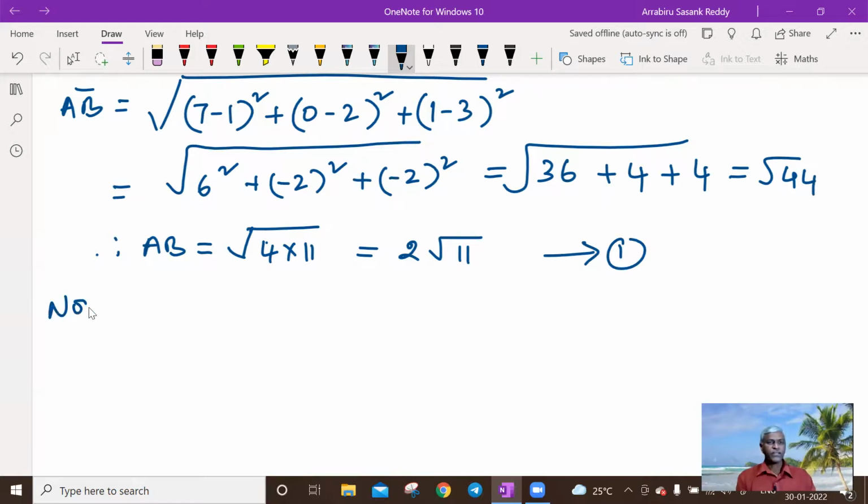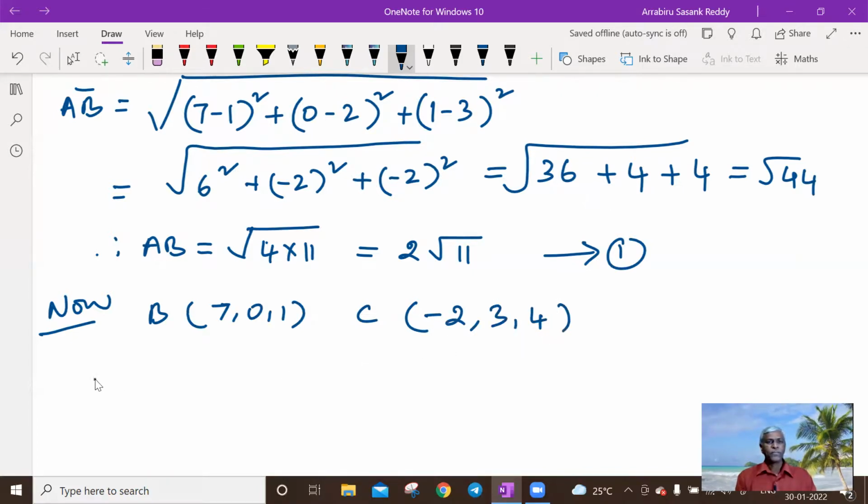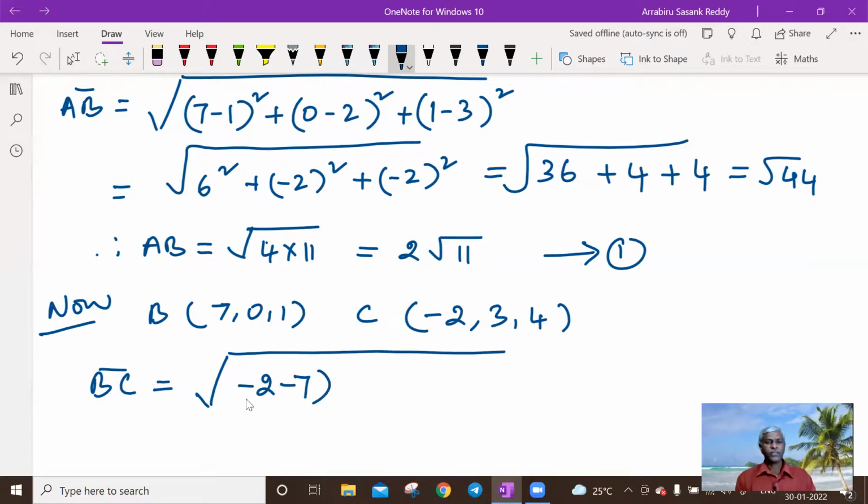Now let us find BC. Take B point (7, 0, 1) and C (-2, 3, 4). BC using the same formula, under root (x2 minus x1) that is (-2 minus 7) whole square, (y2 minus y1) that is (3 minus 0) whole square, (z2 minus z1) that is (4 minus 1) whole square.